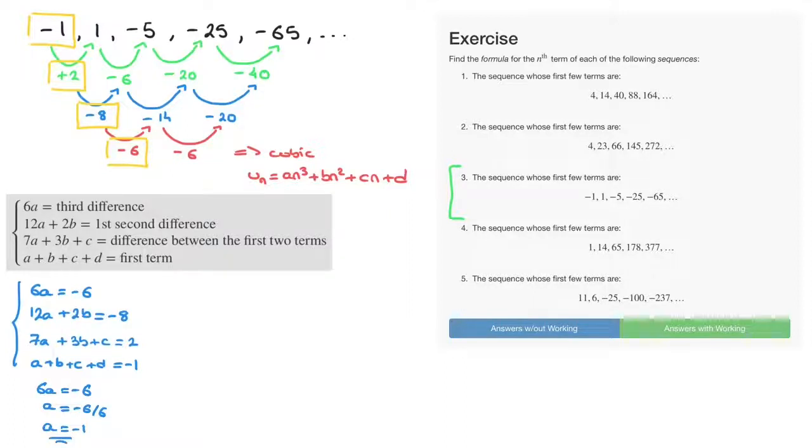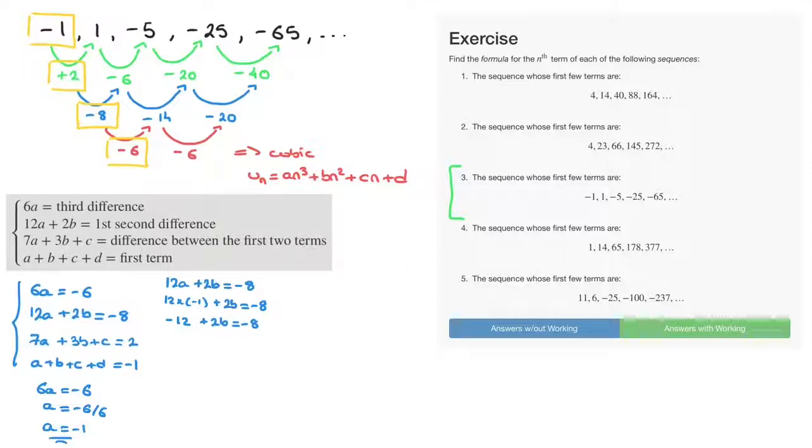Now that we have a, we move on to the second equation. That's 12a plus 2b equals -8. But we know that a is -1, so this turns into 12 times -1 plus 2b equals -8. That's -12 plus 2b equals negative 8.